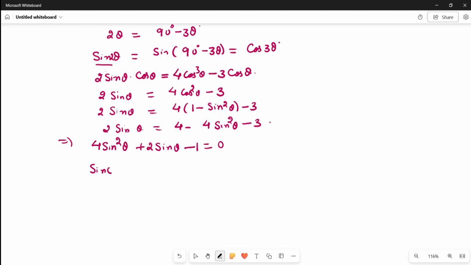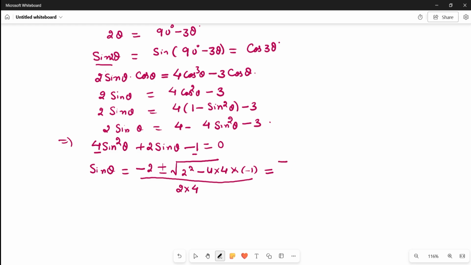Therefore sine theta is equal to minus b, which means minus 2, plus minus under root b square minus 4ac. b square means 2 square, minus 4 into a, which is 4, this is a and this is c, into minus 1, upon 2 into 4.